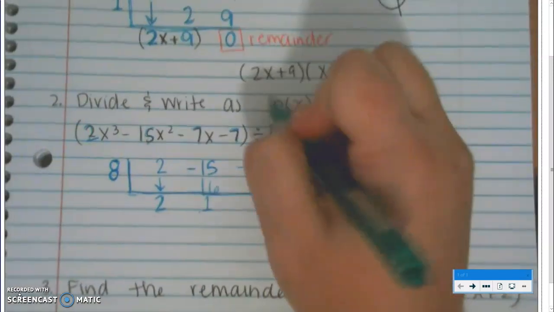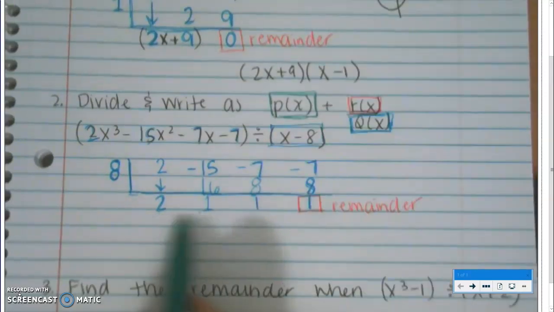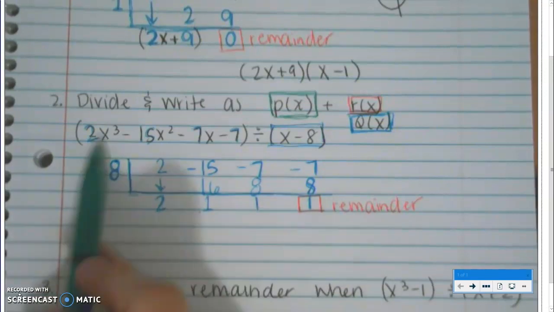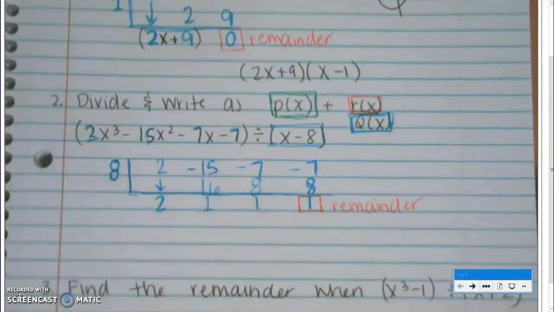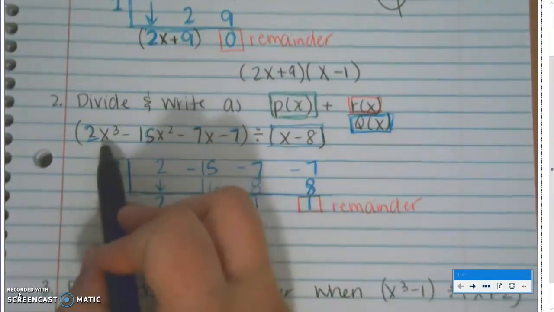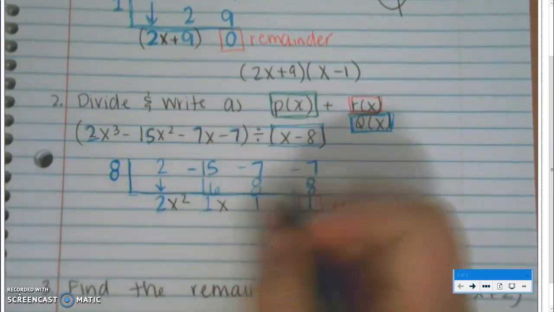This part of it is going to be what this gives me when I put all the x's on it. So since I was dividing x to the third power, this is going to be x squared. It's always one x smaller than you started with. So x squared, x, no x.